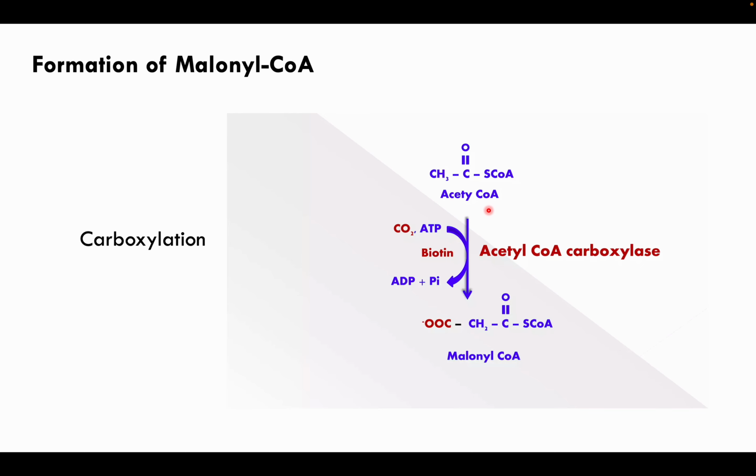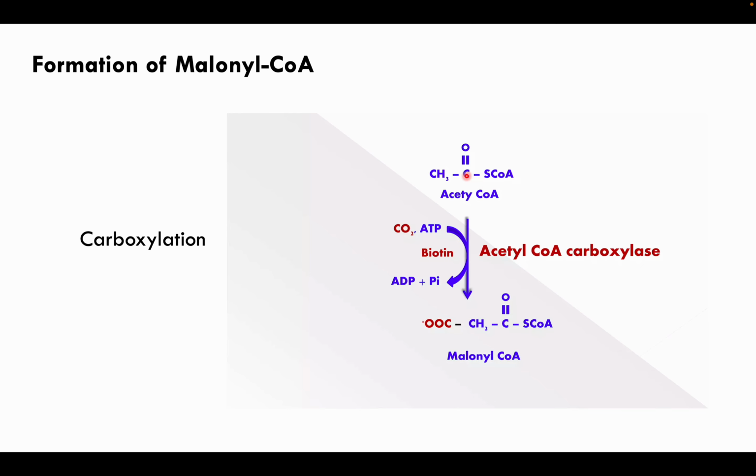So now we have the acetyl coenzyme A, which needs to be converted to the malonyl coenzyme A. So what is a malonyl coenzyme A? It's the same as the acetyl coenzyme A, but with an extra carboxyl group.